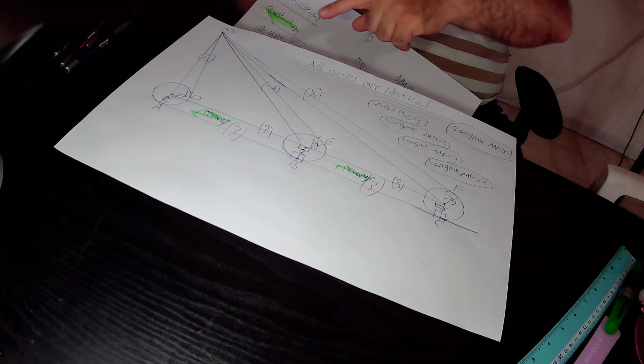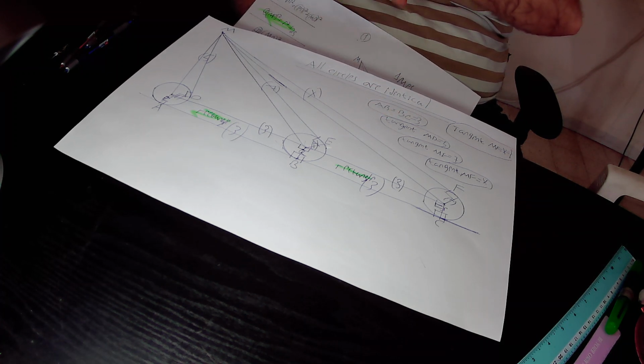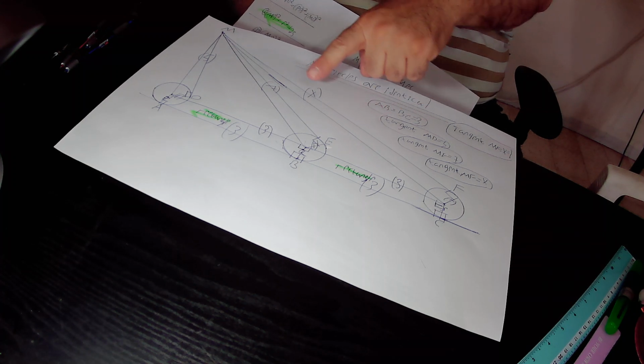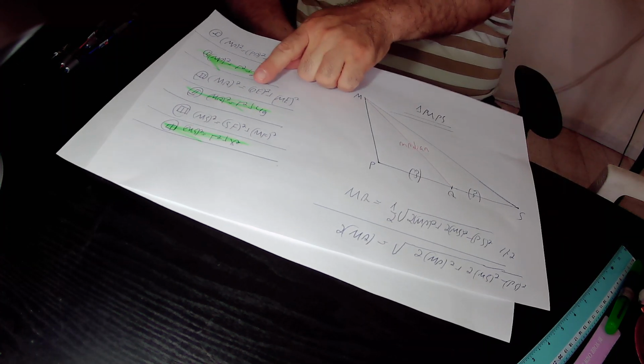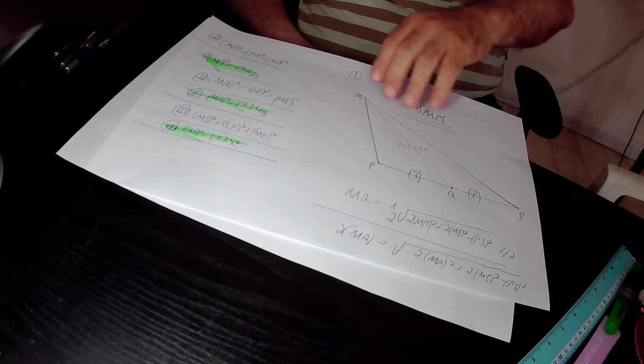Then we implement the Pythagoras theorem on this right triangle MQE. In this right triangle MQE, MQ square equals R square plus 7 square, this is 49. So in total, according to equation 2, MQ square equals R square plus 49.